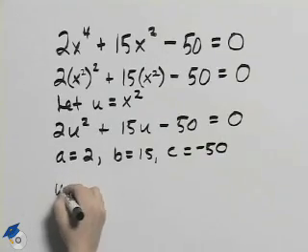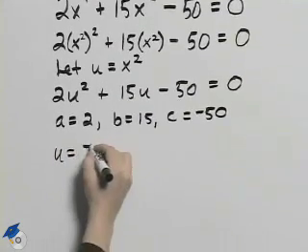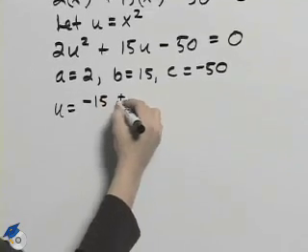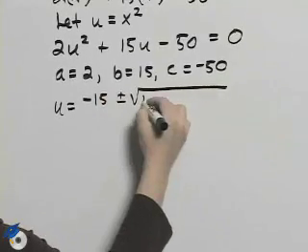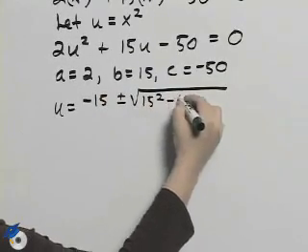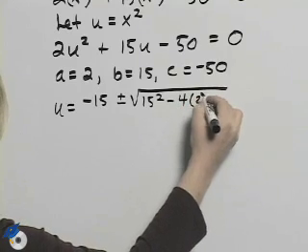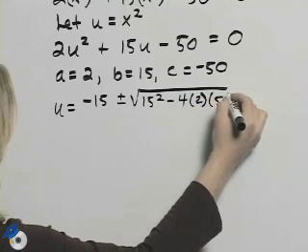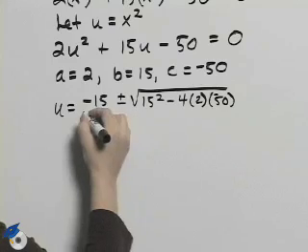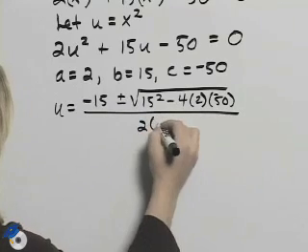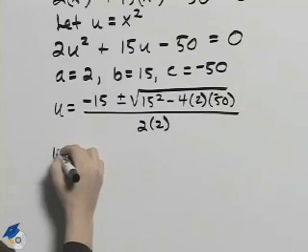Solving for u, we'll have u is equal to minus b plus or minus the square root of 15 squared minus 4 times a times c, all over 2 times a.